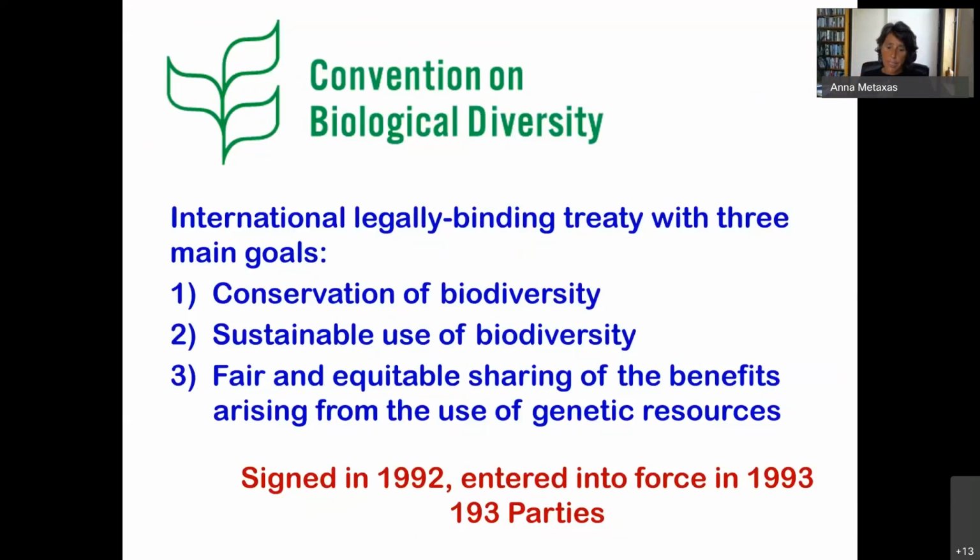This treaty was signed in 1992, it entered into force in 1993, and 193 parties signed it. So most of the world's states have actually signed this convention, our southern neighbors excluded, as is the case with most international treaties.